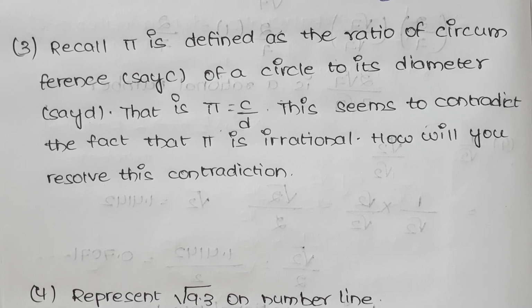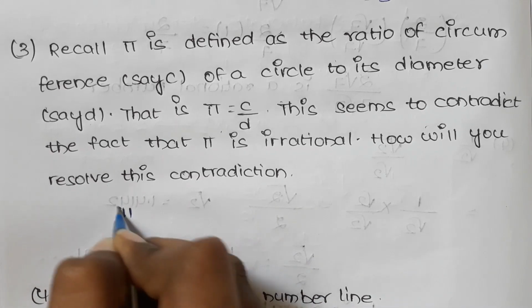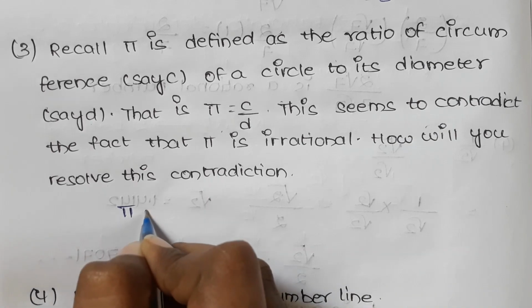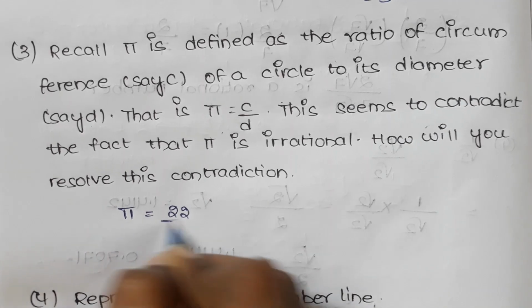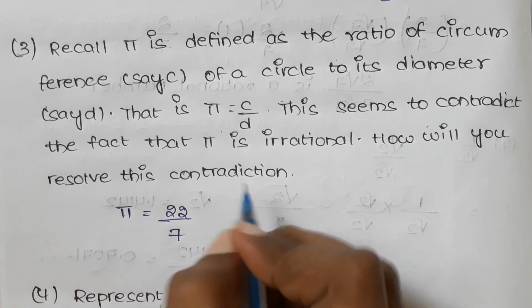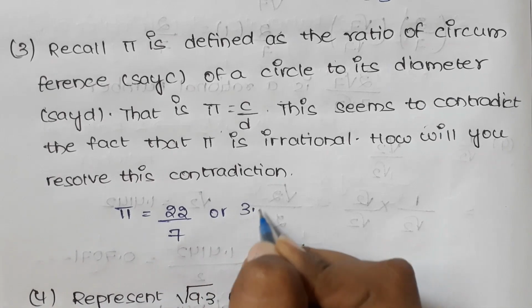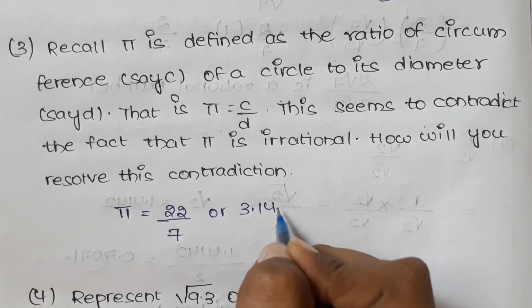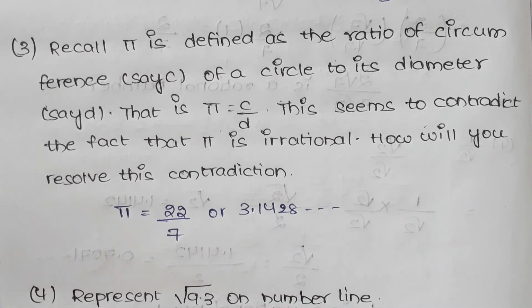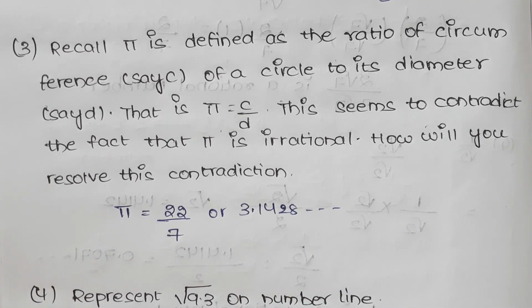So we may not realize whether c or d is irrational, and the value of pi is approximately 22/7 or 3.1428, and it is non-terminating and non-recurring, so it is an irrational number. And now this is about the third question.